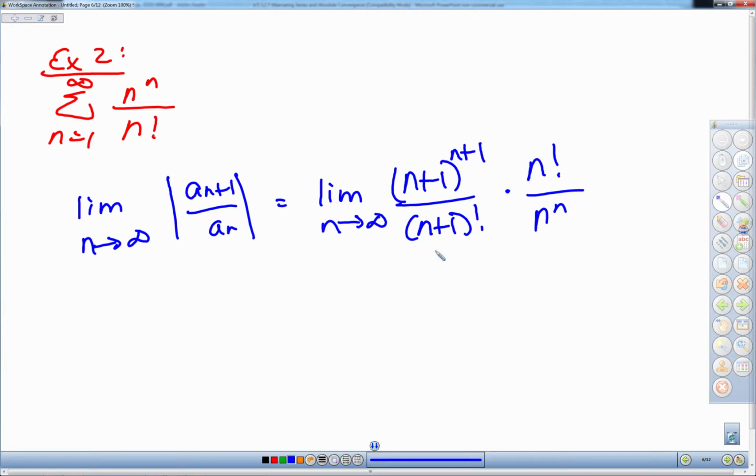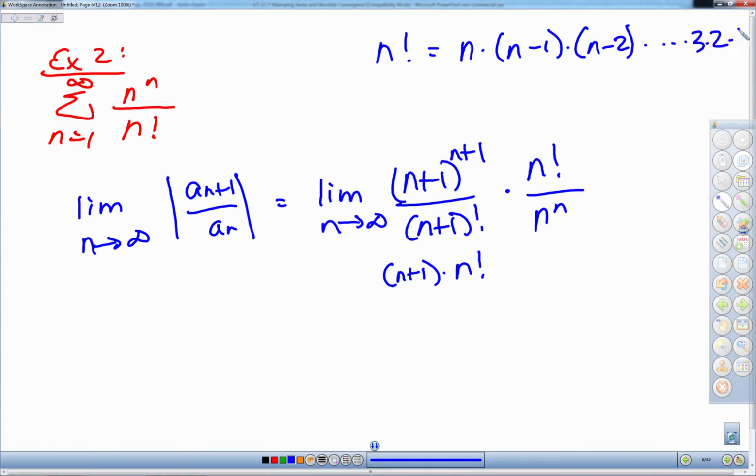If I recall correctly, n plus 1 factorial would be equivalent to n plus 1 times n factorial. Why is that? Well, I know it's been a while since you probably have studied probability of any kind, unless you're taking stats with Mr. Martin. But n factorial is the same thing as n times n minus 1 times n minus 2 times blah blah blah until we get to 3 times 2 times 1.